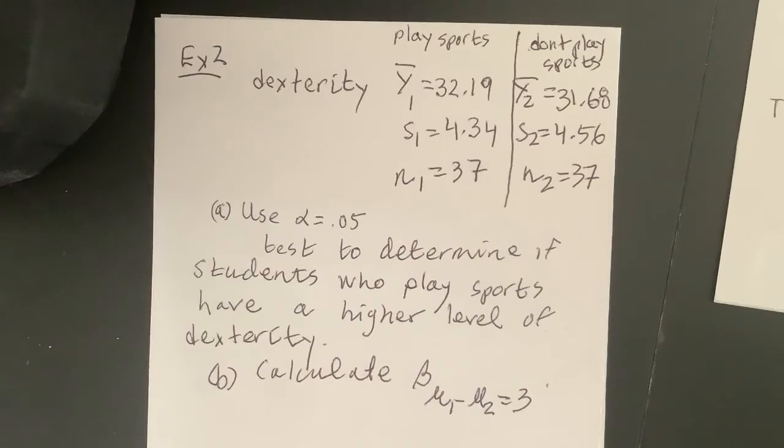So we're asked to use an alpha equals 0.05 level test to determine if the students who play sports have a higher degree of dexterity, and as well to calculate the probability of a type 2 error in the case that the difference in dexterity rating is 3.